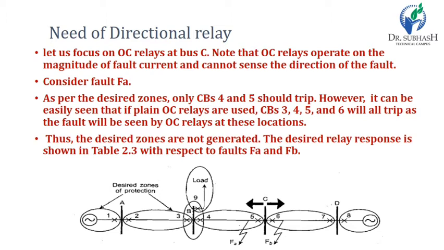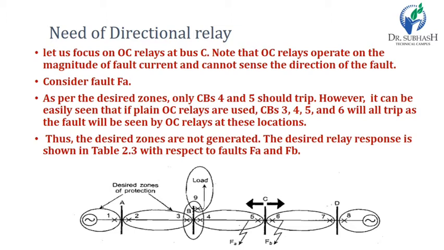Generator 1 and generator 2 are connected between them. 1, 2, 3, 4, 5, 6, 7, 8 are circuit breakers. The load is connected with bus bar B and circuit breaker number 9 is connected with the load.